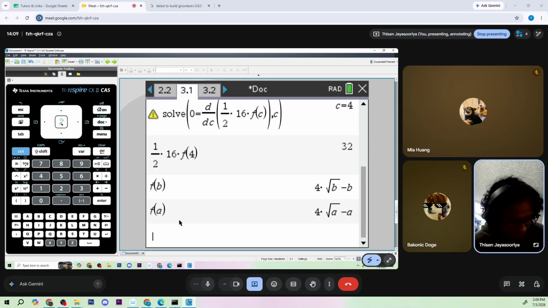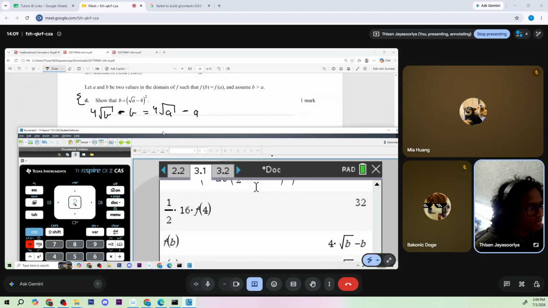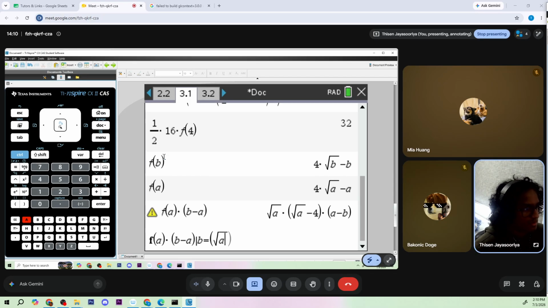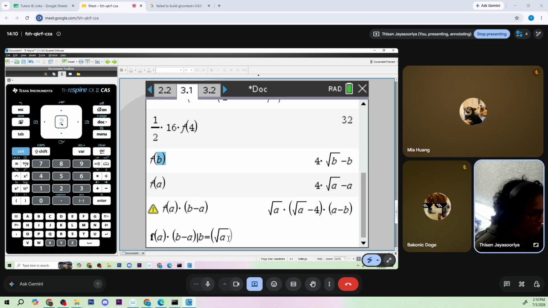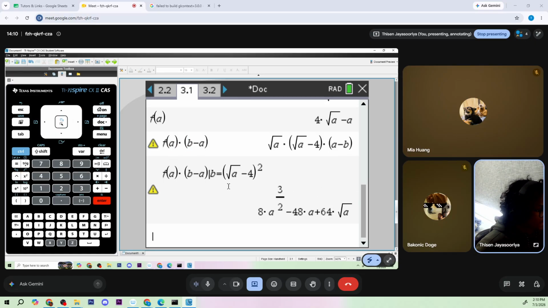here f of a brackets b take away a, and here I know that b is just equal to what we were given in that previous question, which is the square root of a take away 4 squared, which means we're going to get this expression out for our area.